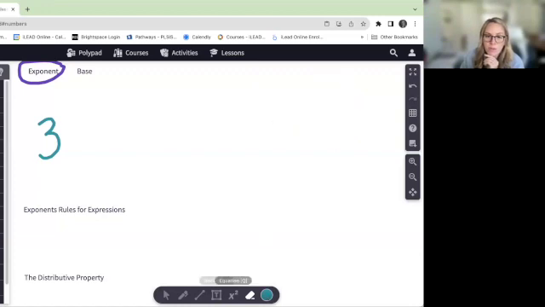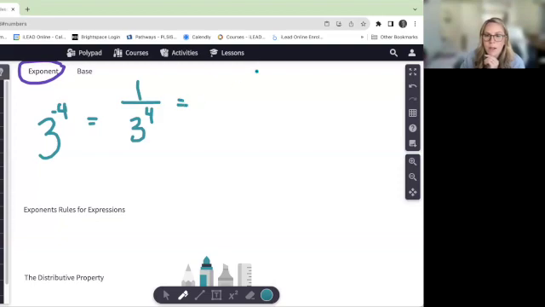Let's say we've got 3 to the power of -4 this time. So I put it over 1. And I've got 3 to the power of 4 now in my denominator.